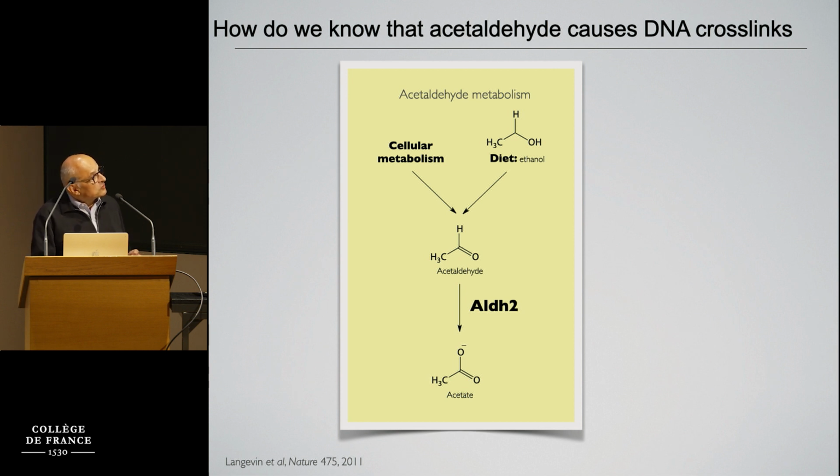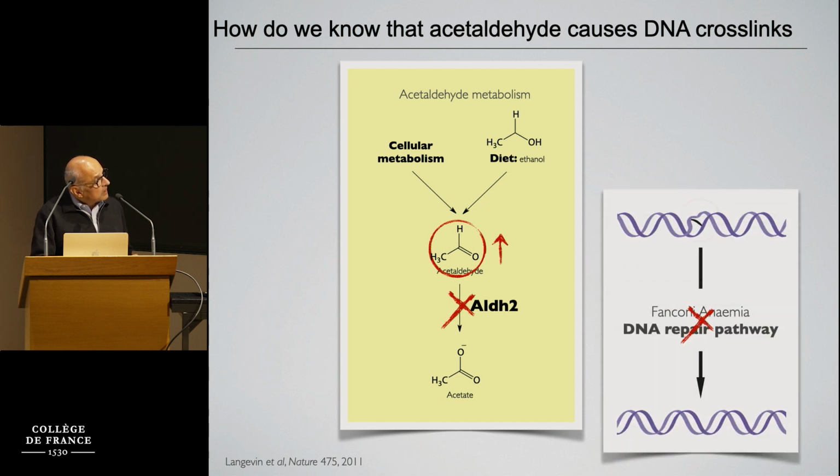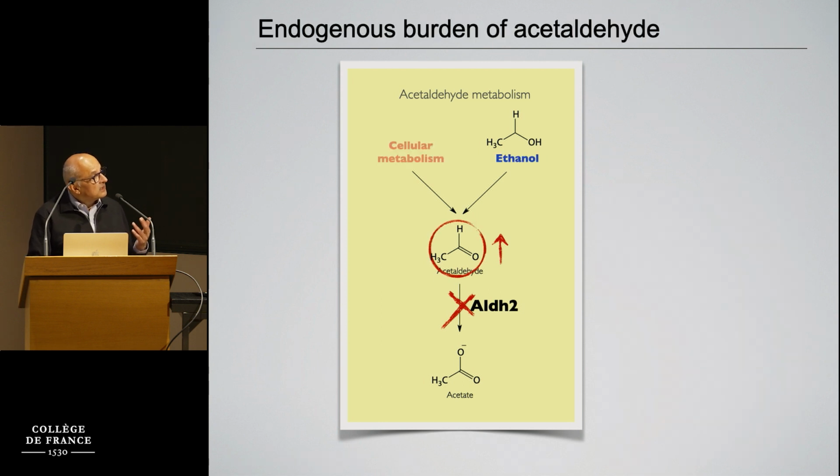So when you drink fine white wine, it's converted by an upstream enzyme to acetaldehyde, and then there's this key enzyme that, as I've alluded to, ALDH2, that converts it to acetate. And of course, if you remove ALDH2, then what would happen is that you would spontaneously accumulate DNA crosslinks, and if you now take away the DNA repair pathway, then you should get a profound phenotype, okay?